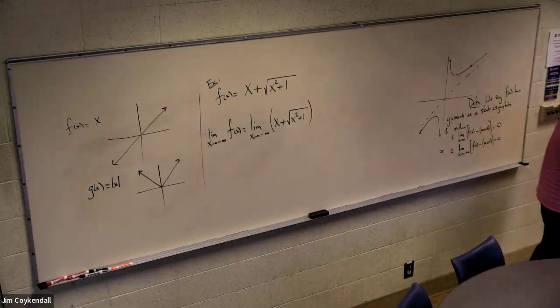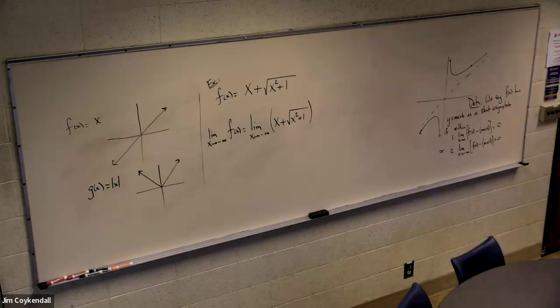Right. The square root of x squared plus 1 is going to infinity, because it is positive. And so this is one of those deals where you have negative infinity plus infinity, so I don't know what to do.